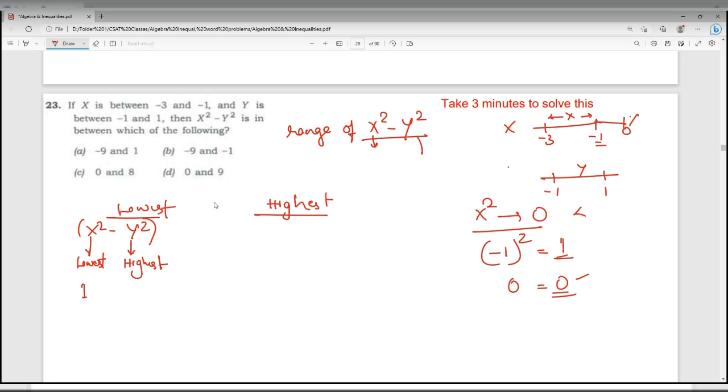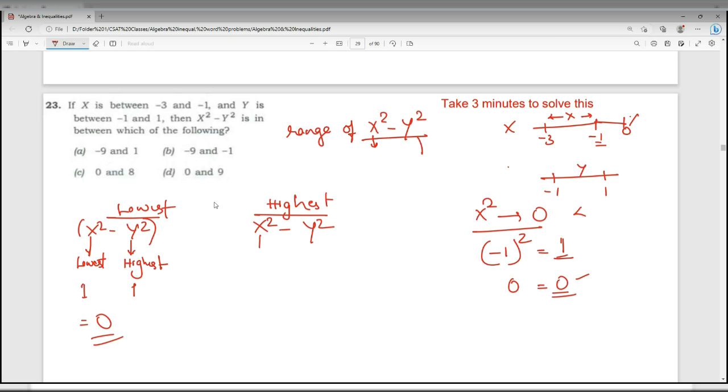And the highest value of y is 1, so y square is also 1. So 1 minus 1 is 0. So the lowest value of x square minus y square is 0. And now we'll find out the highest value.